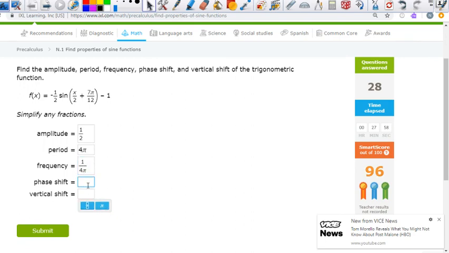Factor out. 7 pi over 12 divided by 1/2. No, divided by 1/2, that's going to be 14 pi over 12, which would be 7 pi over 6, negative 7 pi over 6.